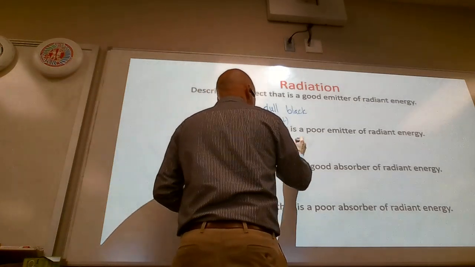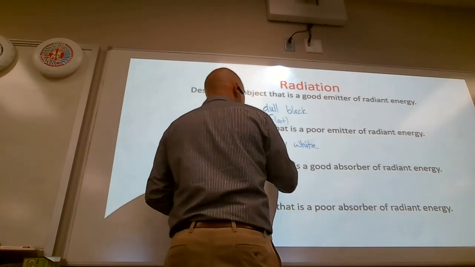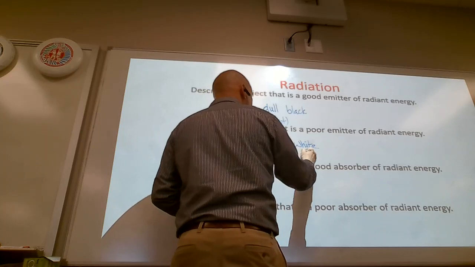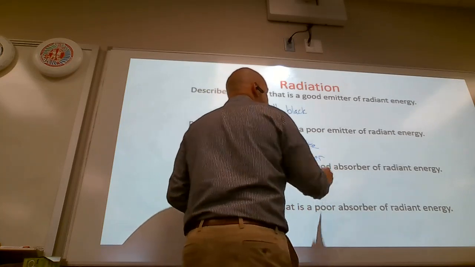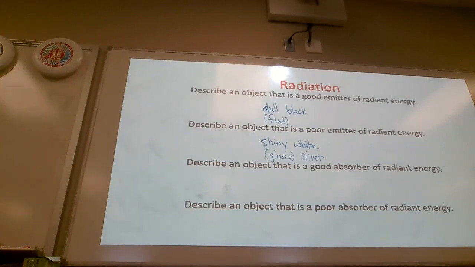Shiny white, like glossy or silver, is a poor emitter of radiant energy.